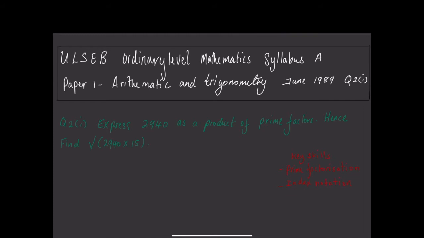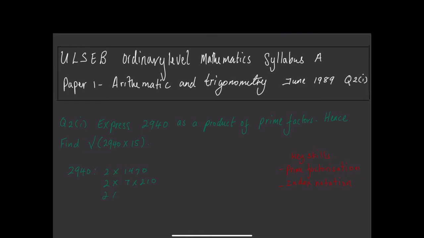So step one, what we're going to do is express 2,940 as a product of its primes. So we're going to start with 2 times 1,470. We bring our 2 down, times 7, now we divide by 7, times 210.